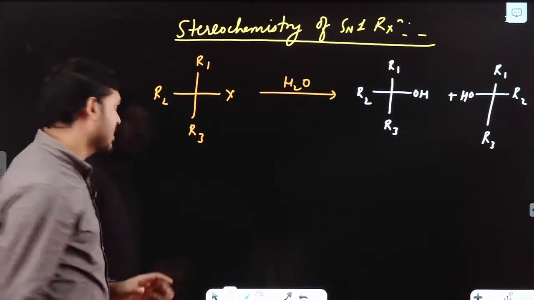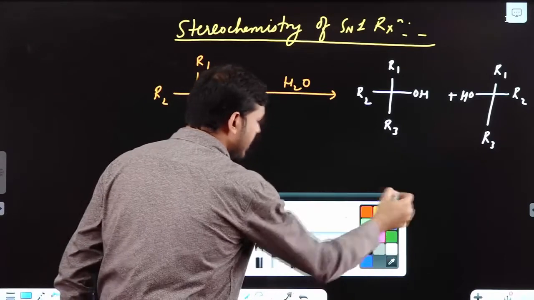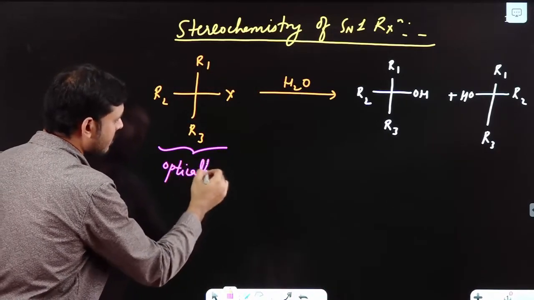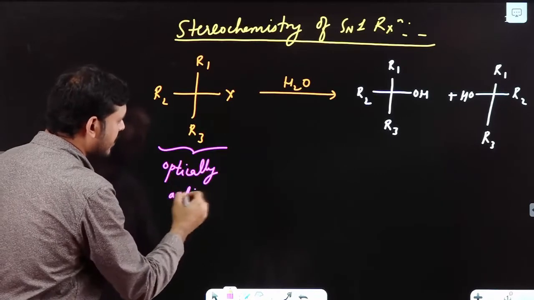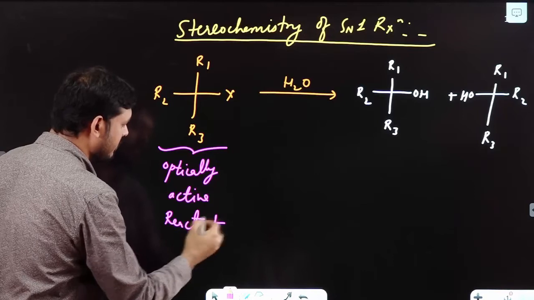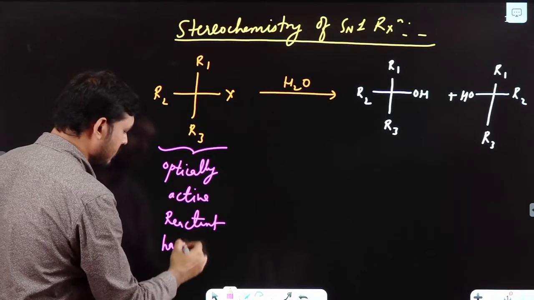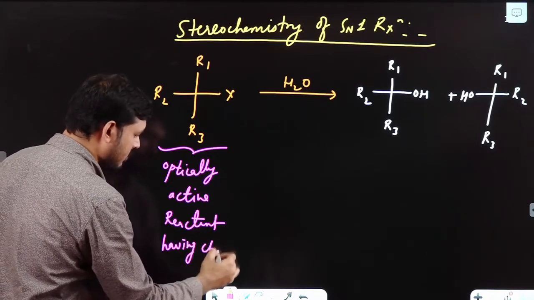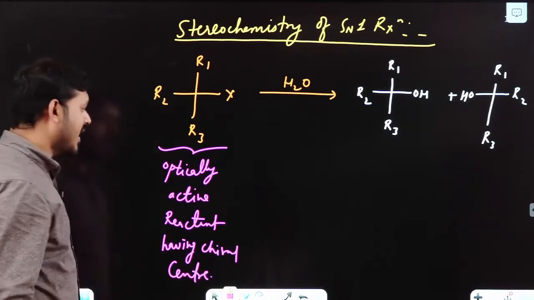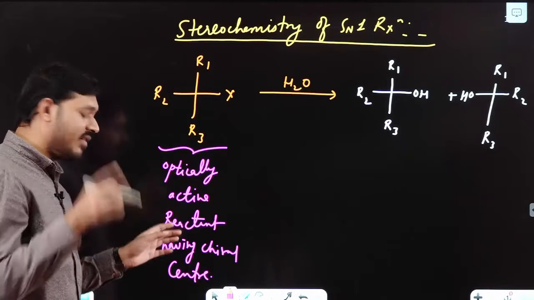Why two products? Because of the optically active reactant having chiral center. Why did I need to write optically active reactant having chiral center?